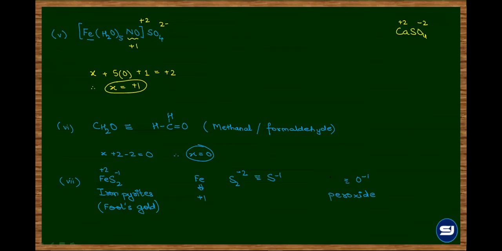So can I also write it as O2 with overall charge -2? Yes. So peroxide is O2 2-. In the same family, if sulfur is written like that, it is called pyrites. Peroxide is for oxygen and pyrites is the name given to the similar species for sulfur. Clear?